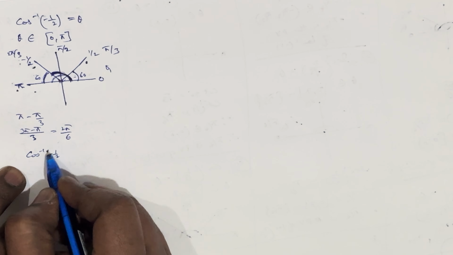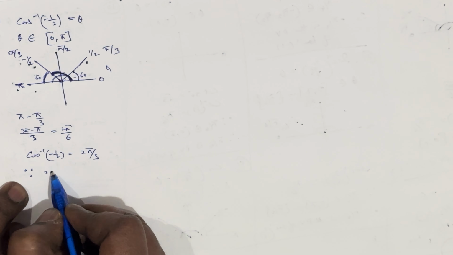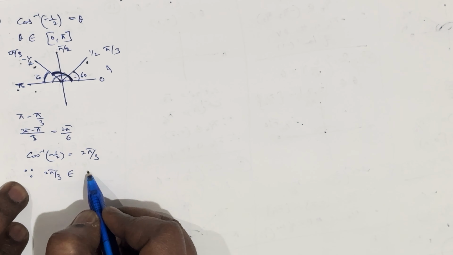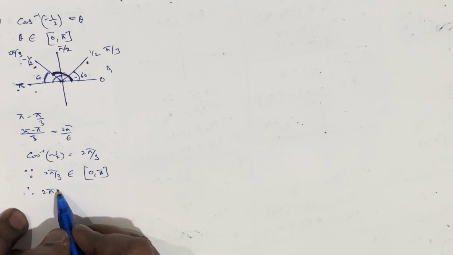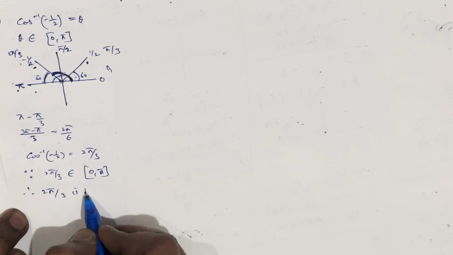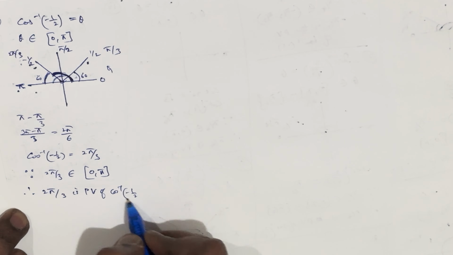So you can write cos inverse negative 1 by 2 is equal to 2 pi by 3, since 2 pi by 3 belongs to the range 0 to pi. Therefore 2 pi by 3 is the principal value of cos inverse negative 1 by 2.